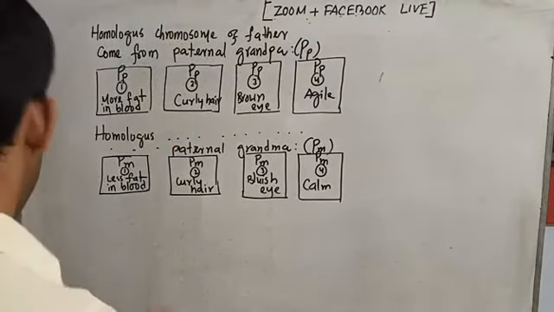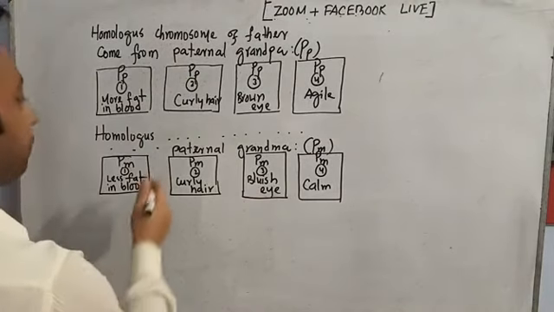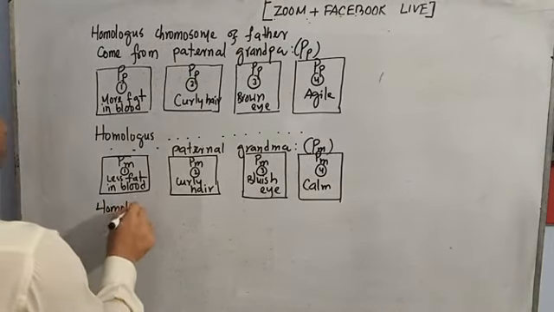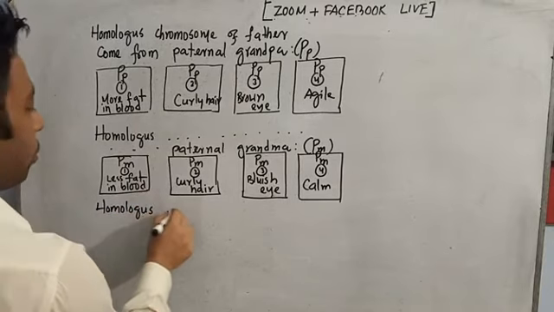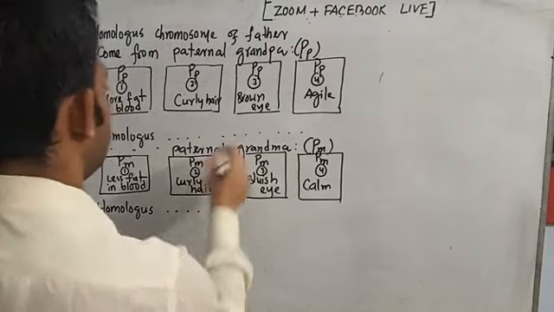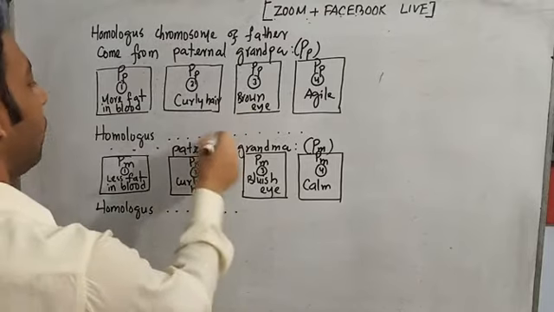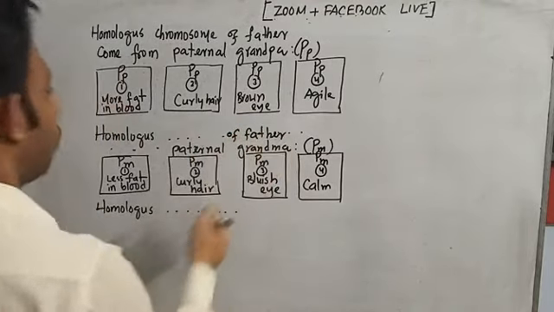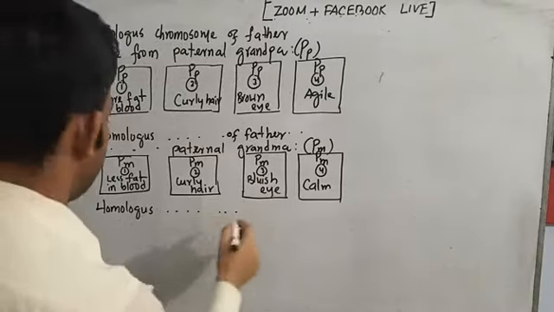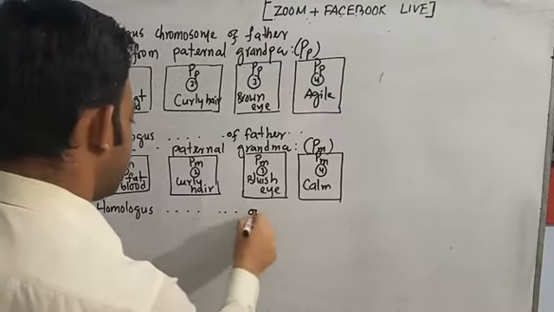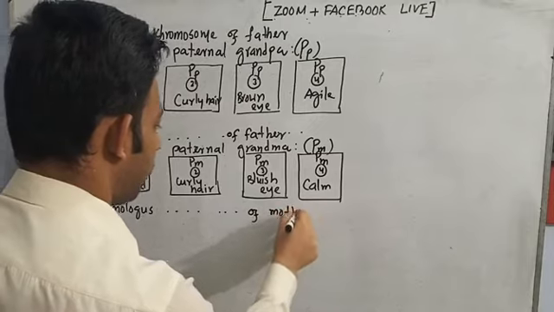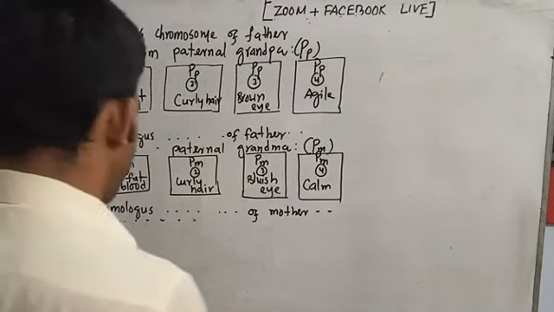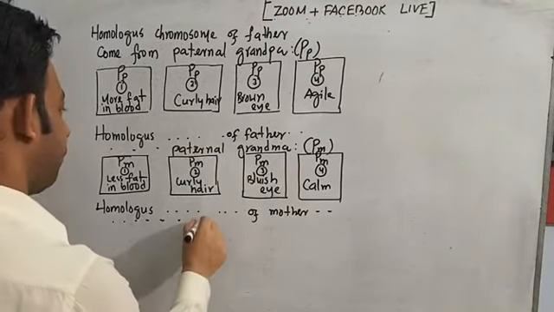And then next, same thing: homologous chromosome. This time it was of father, and homologous chromosome, look here, of mother. This is now mother, come from maternal grandpa.